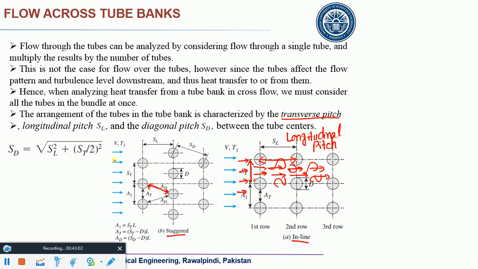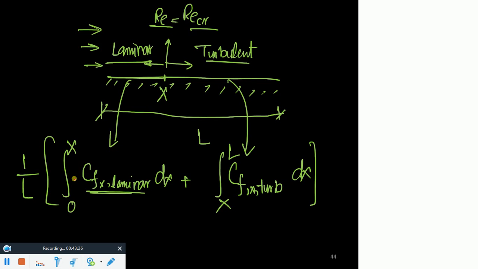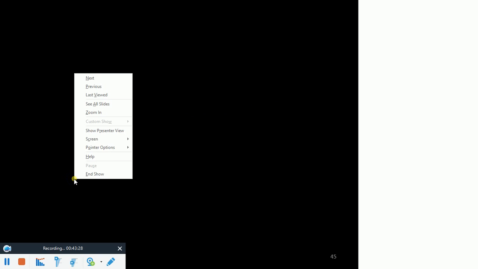And this is diagonal pitch. This is diagonal pitch S subscript D. So diagonal pitch S subscript D is only associated with the staggered arrangement. Now see, my point is, just look at this figure. Okay, let me go to this one.